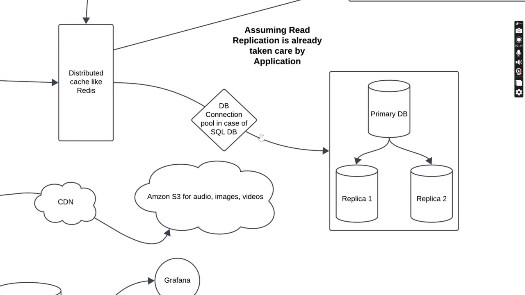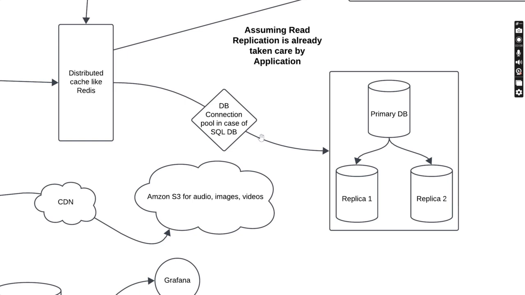The other point is that creating database connections is a kind of expensive operation, so we want to reuse the connection objects that we have created, similar to a thread pool. There are concepts like the minimum number of connections that are created when the application boots up.